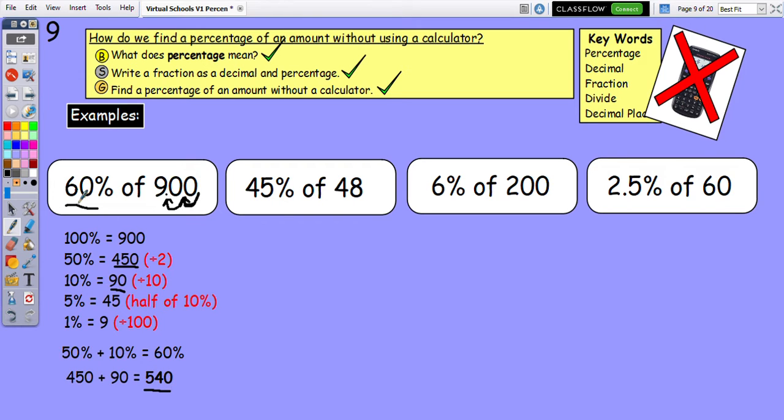Okay, so 60% of 900 is 540. And all I've done is I've halved some numbers and I've divided by 10 and 100.